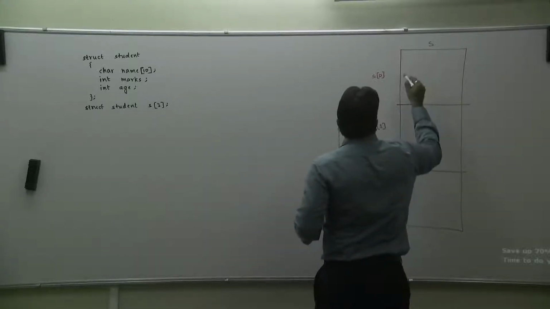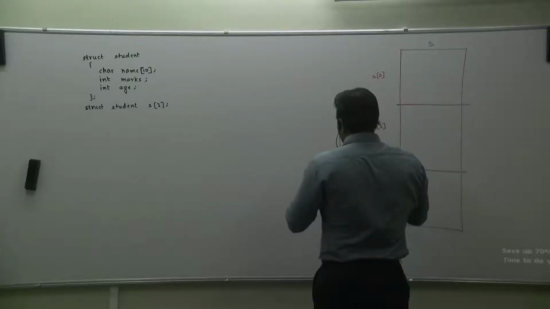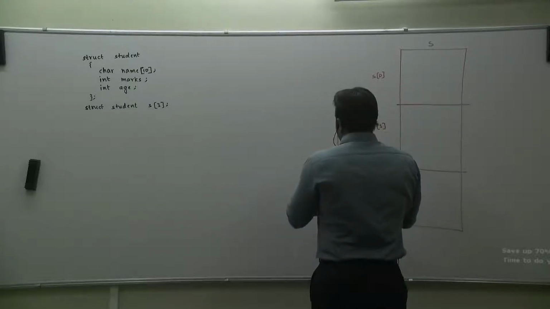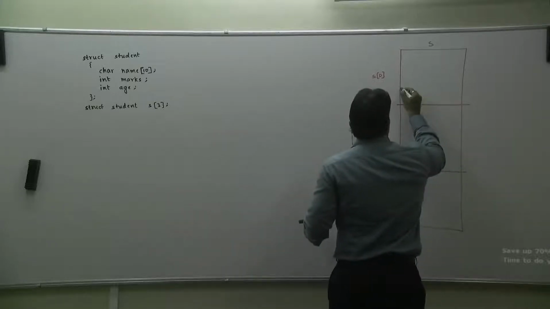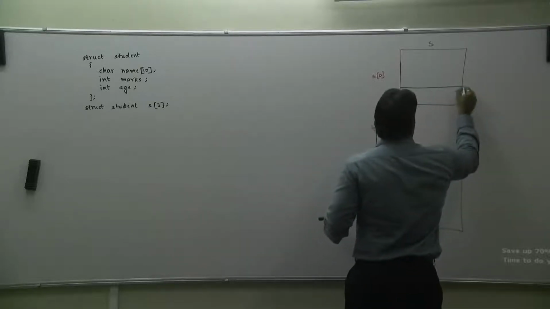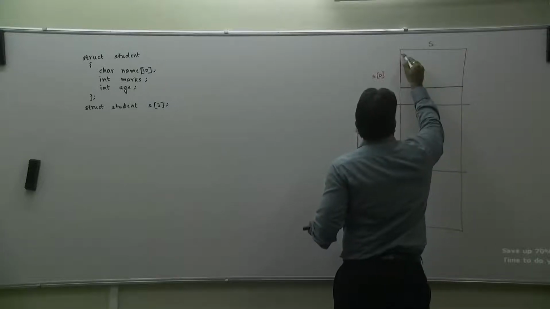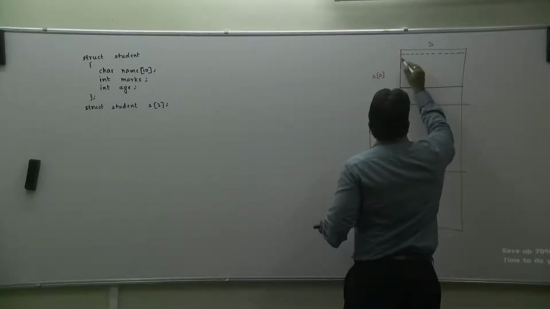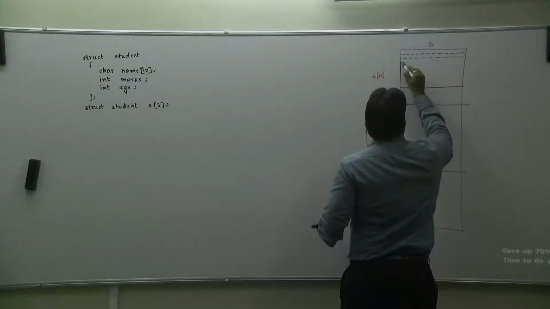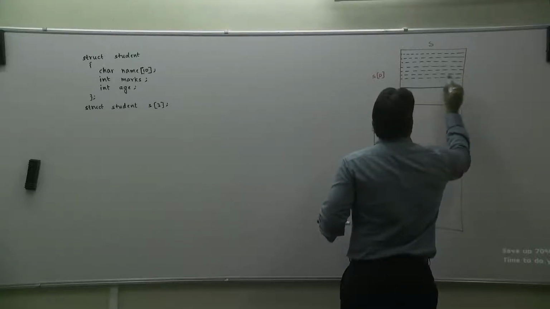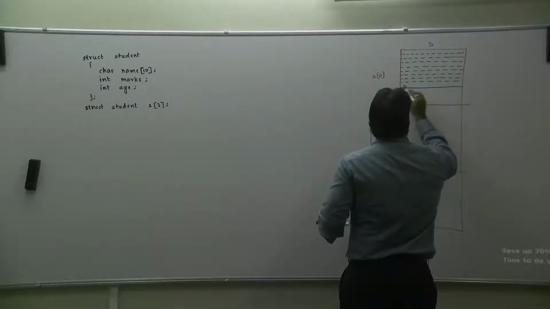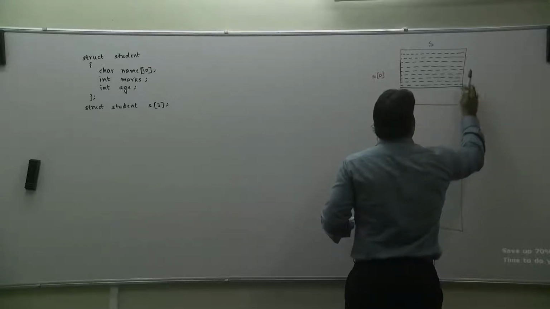For name, how much memory, sir, if you will ask? Remember, for name, totally you are telling 10 bytes. So, like this, 10 bytes would be allocated for the name. Like this, 1, 2, 3, 4, 5, 6, 7, 8, 9, 10 bytes would be allocated.